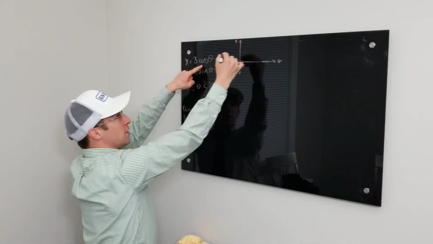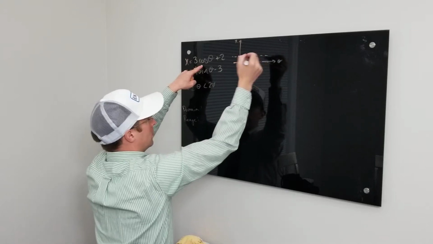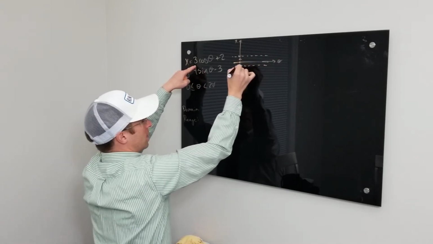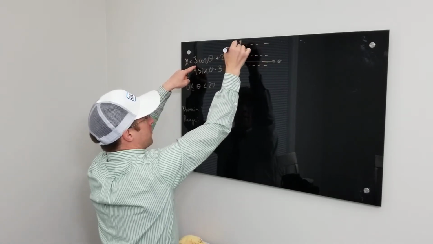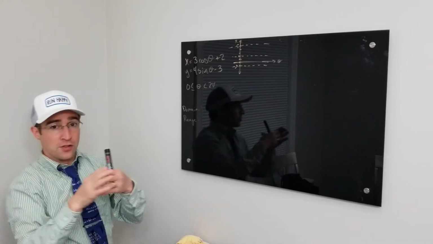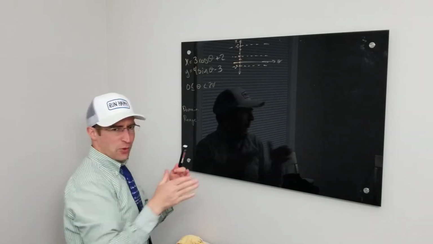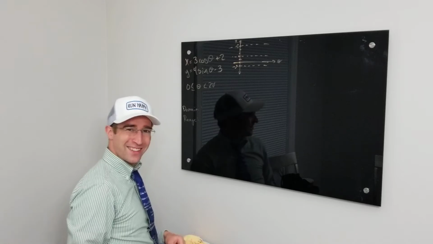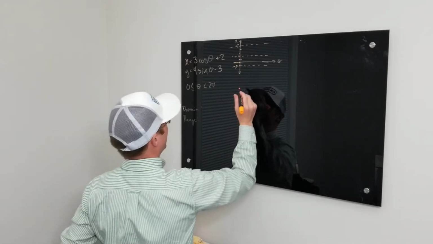It's a cosine function, so we have a midline at 2. We have an amplitude of 3, so 1, 2, 3. So this is at 5, this is at -1. And there's no phase shift, and it doesn't have a horizontal stretch or shrink, or dilation.